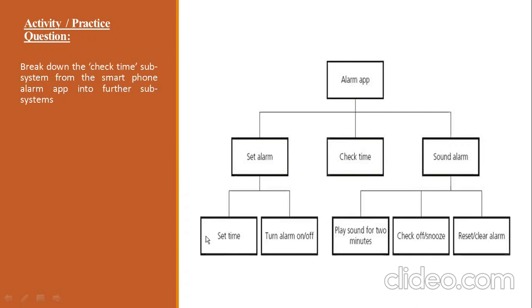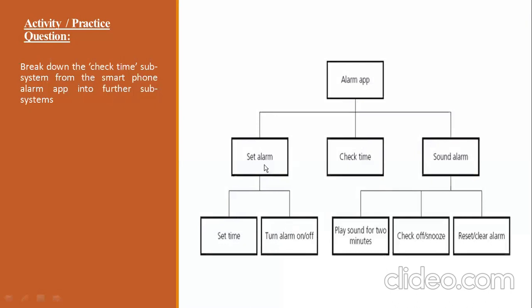Set time means that like if you want to be awake at 6 a.m. in the morning or something like that. So you will first program this submodule for set alarm, set time, and then you will proceed to turn alarm on or off.